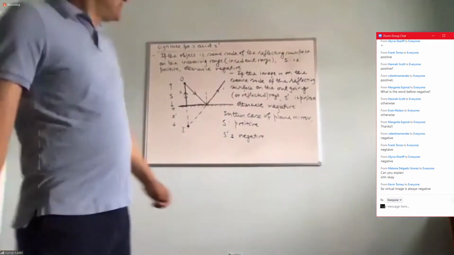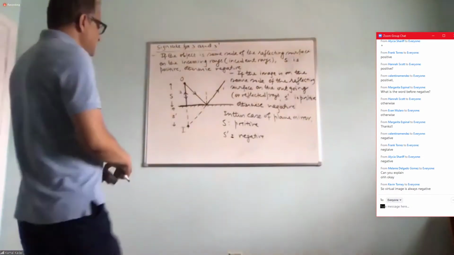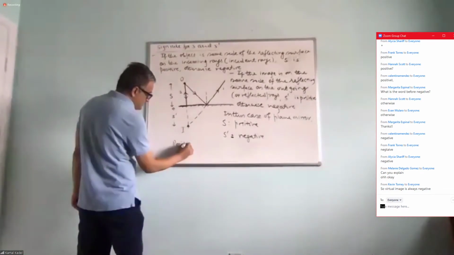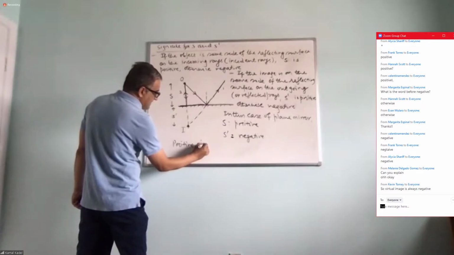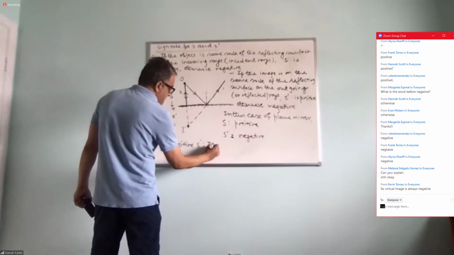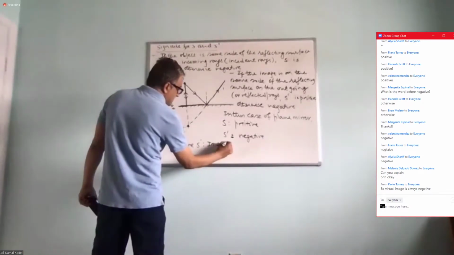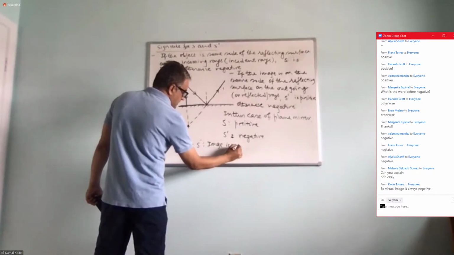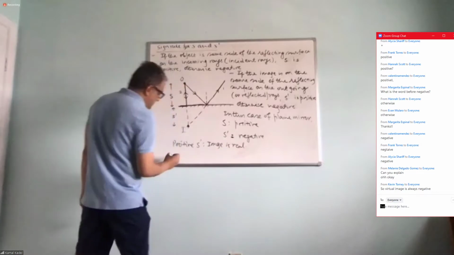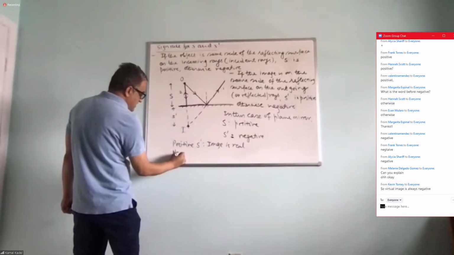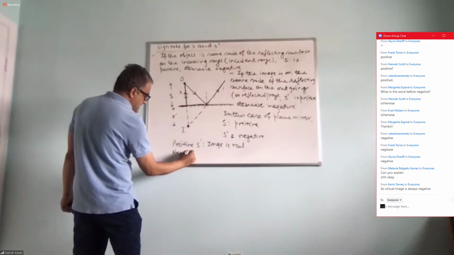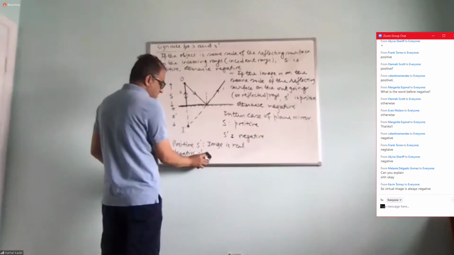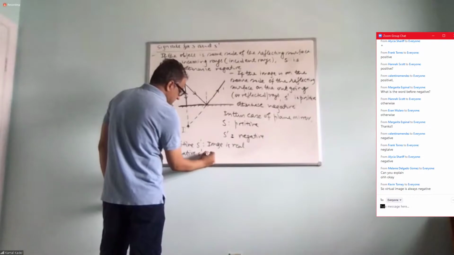Good. So now, for positive S prime, image is real. We have not seen this so far. For negative S prime, image is virtual.